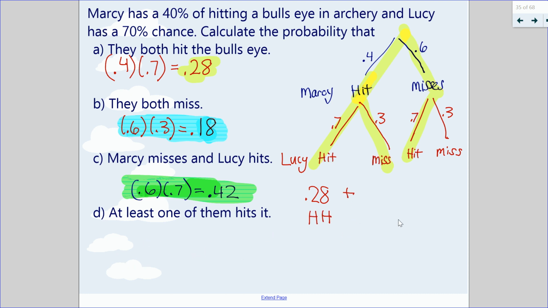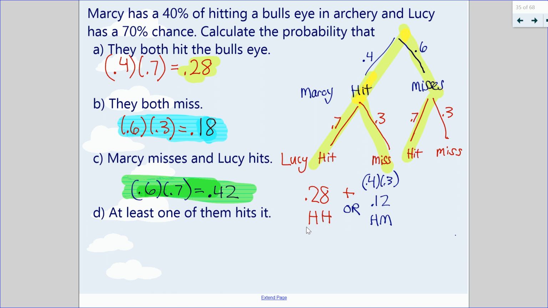Or. Then I'm going down this branch right here. I could do hit, miss. Hit, miss. That's 0.4 times 0.3. That's 0.12. That is hit, miss.